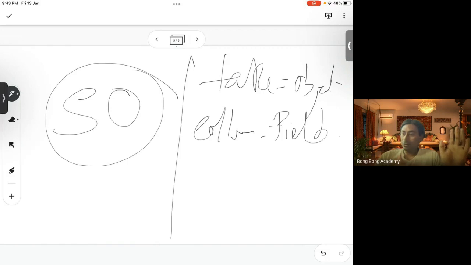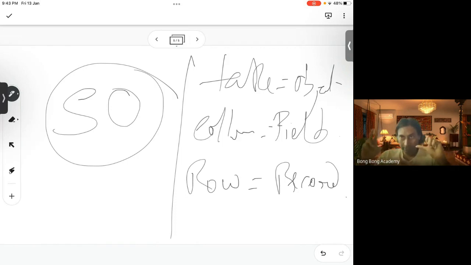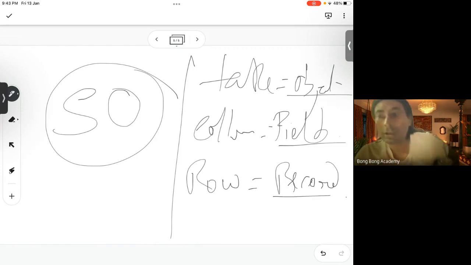And row of a table is called record. Is it clear? So set these terms very clearly in your head. Take your time to understand this, but I will keep on using these three terms now. I will not use table, column, row. I will talk about object, field, and records.